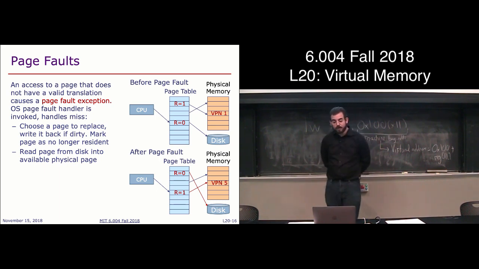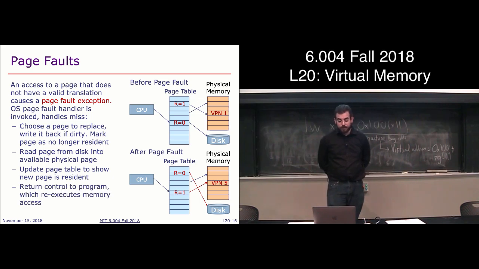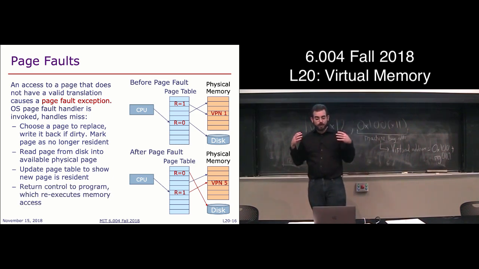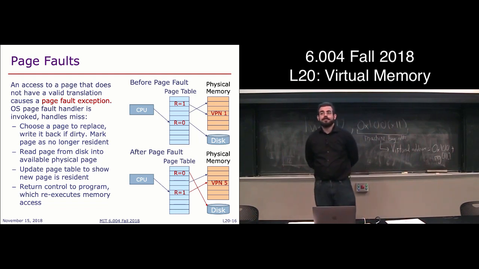Then it reads the page from disk into the available physical page, and then it updates the page table to show that the new page is resident and has the right page number, right? And finally, as with all exceptions, once we've done servicing it, we return control to the program, which re-executes the memory access, and now this memory access is going to go through here, through the page table, find a valid translation, and actually complete. Right?